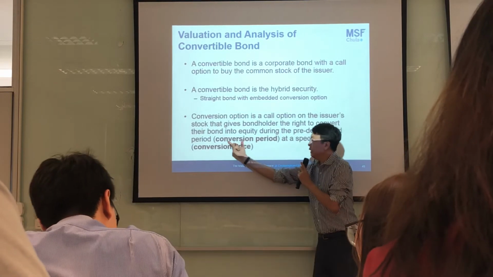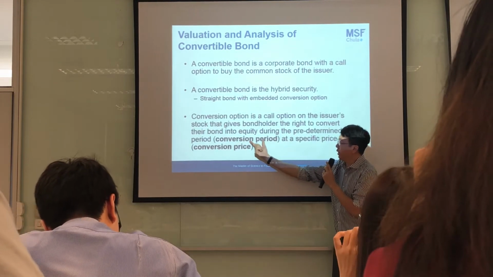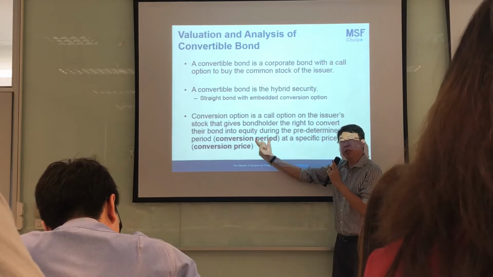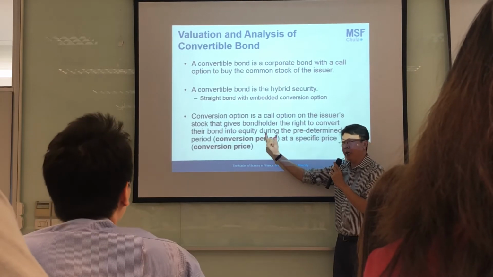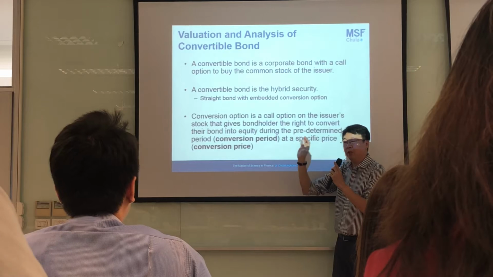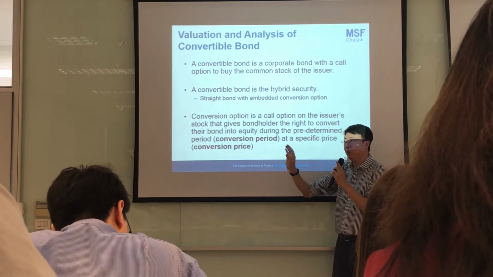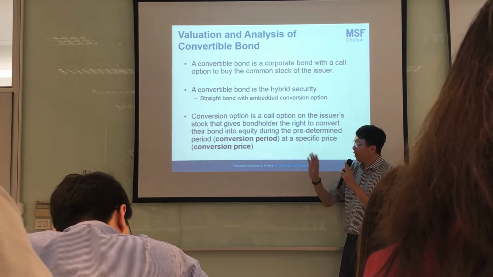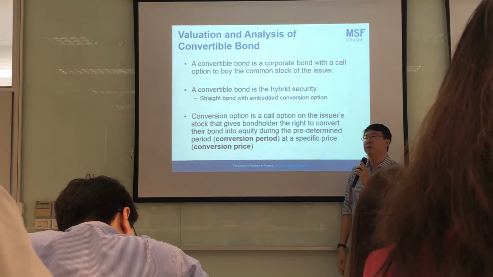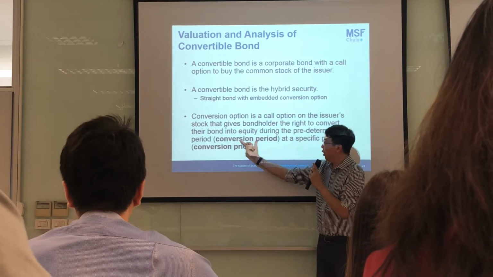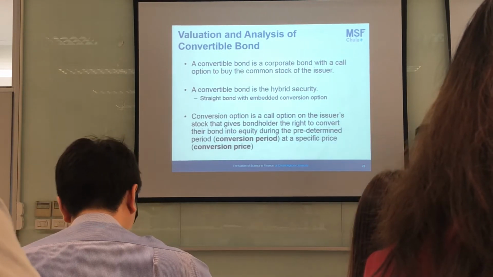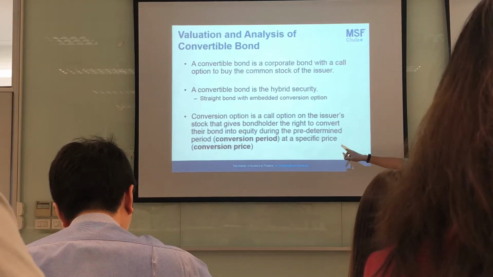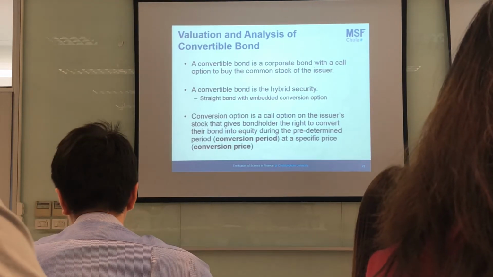And also this convertible bond provides the period during which the bondholder can exercise, that is, convert the bond into the stock. And this period is called the conversion period. We'll talk a bit more about the conversion period.